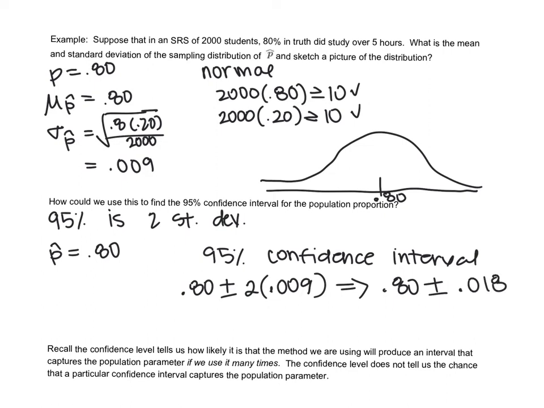So 0.80 minus 0.018 is going to be 0.782, and 0.80 plus 0.018 is going to be 0.818.